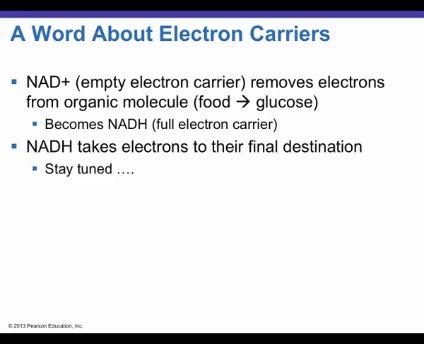So diagram that out, make sure that it makes sense to you. NADH now takes electrons away. I like to think of it kind of as a taxi cab, right? NAD plus is your vacant taxi cab, goes to glucose, it oxidizes glucose, becomes reduced to become your full or occupied taxi cab, and then it takes the electrons to their final destination. And we won't worry about that destination just yet.